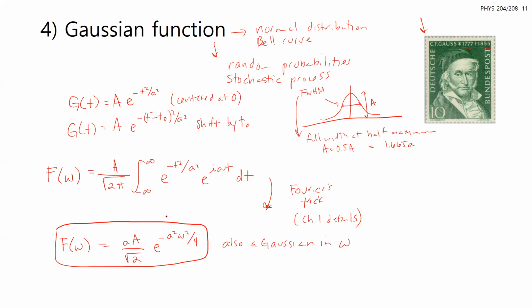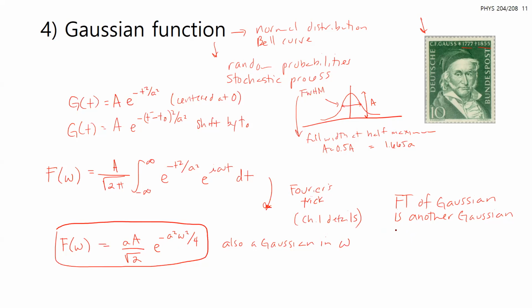In frequency. The difference here that you note is that the amplitude is going to be slightly different. You're also going to have this factor of 4 down here at the bottom. So what this is telling us is that the Fourier transform of a Gaussian is another Gaussian. You can see that the a squared term here is now in the numerator instead of the denominator.